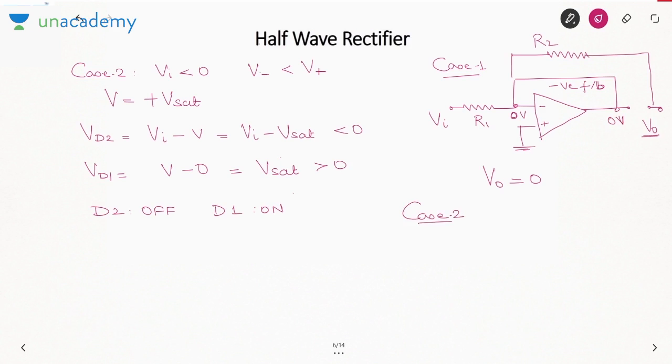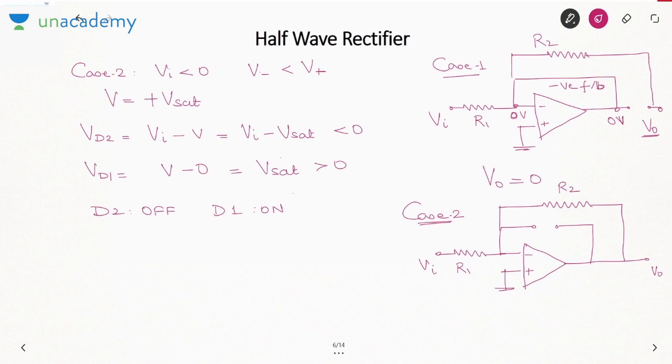Then there is case number 2. In case number 2, we are experiencing the opposite case: D2 is off whereas D1 is on. This is Vi, R1, R2.